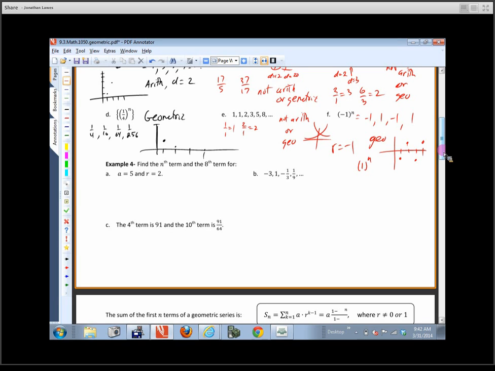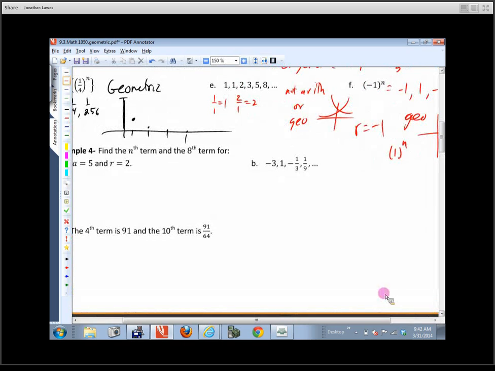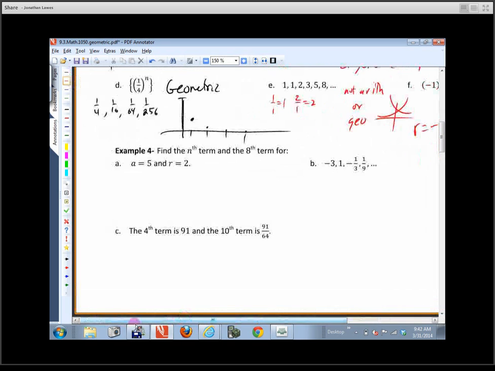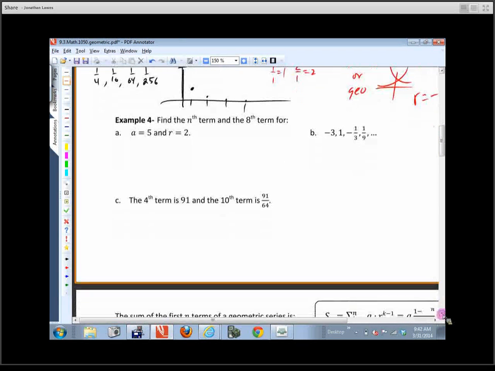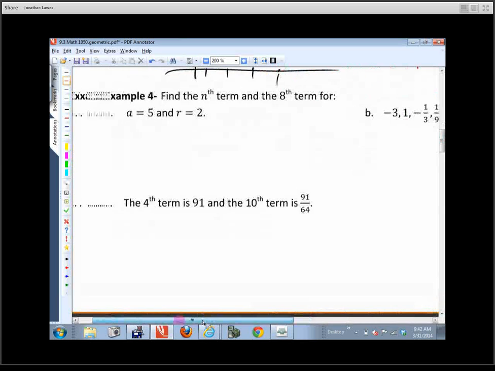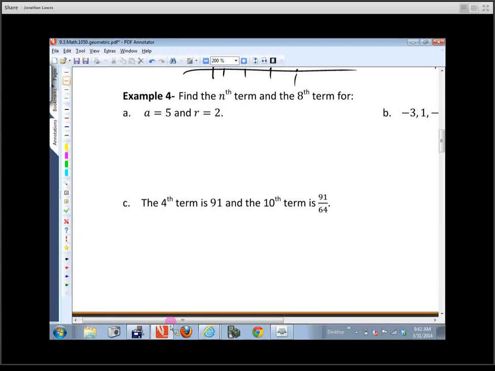So, don't look up at the top of the page. I want you to think for just a second, because I'm hoping that you can have the ideas understood, and then you don't have to memorize this. The way we get from the first term to the nth term is we multiply it by n-1 common ratios.